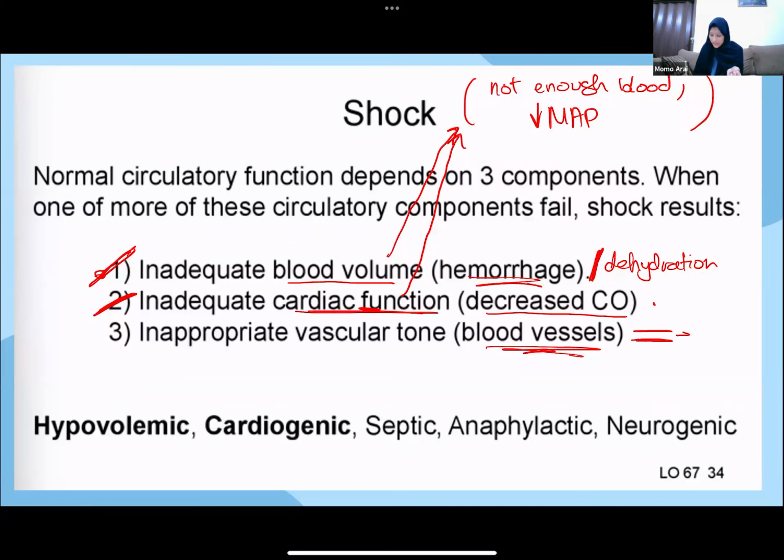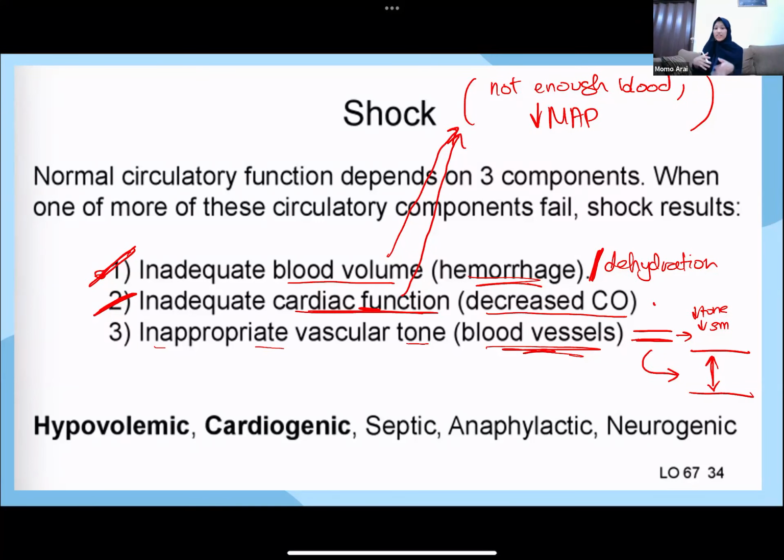If there is inappropriate tone, less tone means less constriction of smooth muscle. That means the blood vessels are not constricted, they're dilated, very, very big. A decrease in tone means a decrease in contraction keeping the blood vessels closed, so they're open, very dilated.